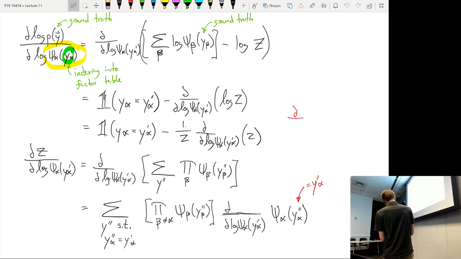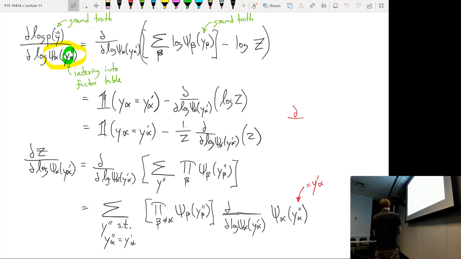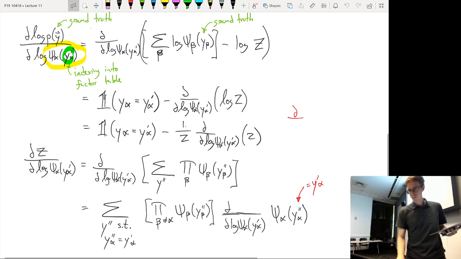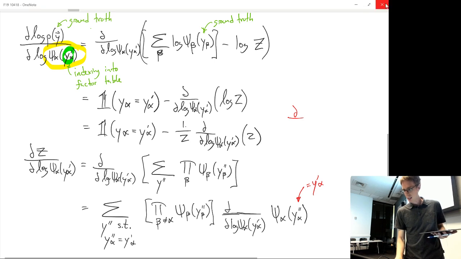Then we can just say that this is equal to the derivative with respect to log x of exp of log of x, because exp of log of x is just going to be x.